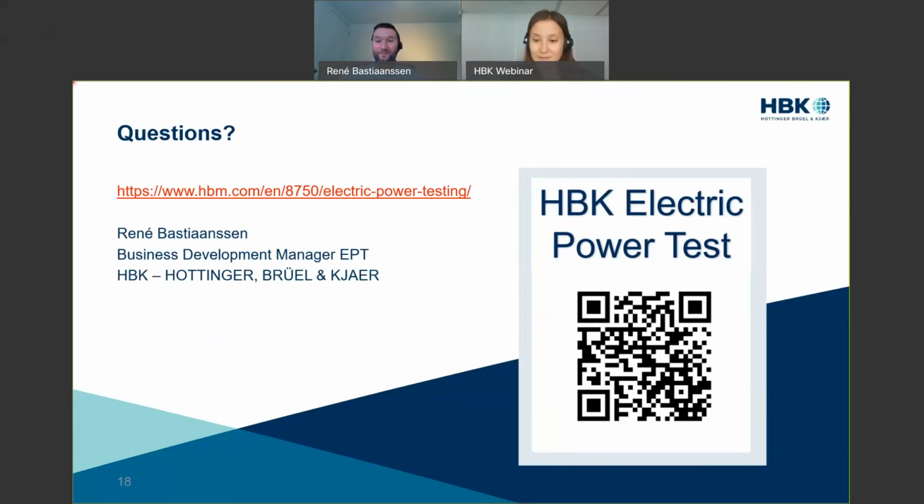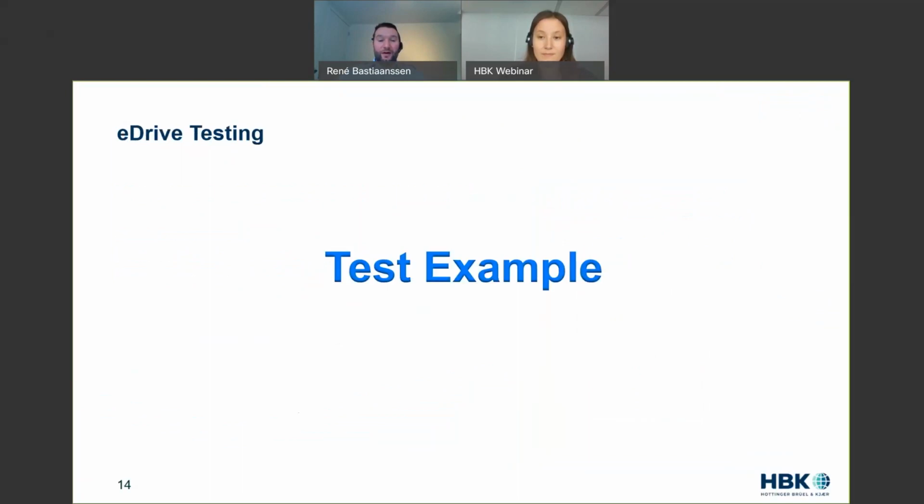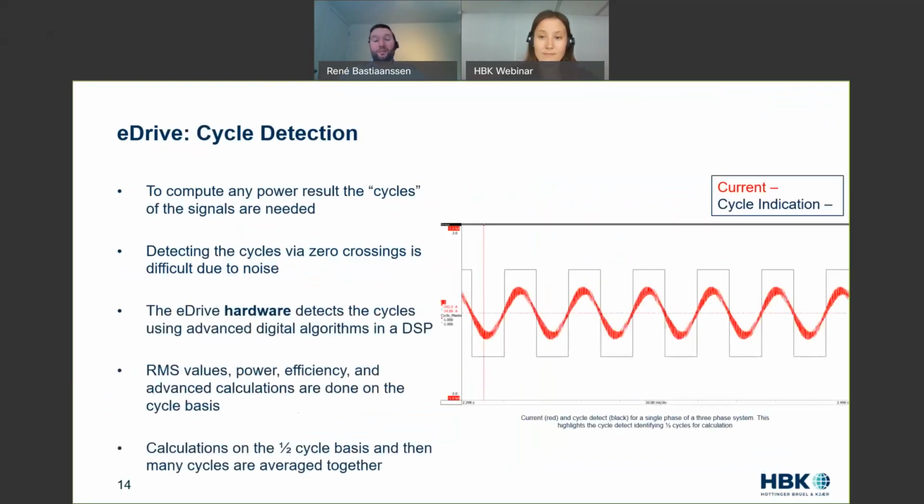Let's see. There's actually a question, René. Could you quickly recap why cycle counting is needed for accuracy? Well, let's get back to that specific slide. So for accuracy, the cycle detection is mainly important for the dynamic measurement.